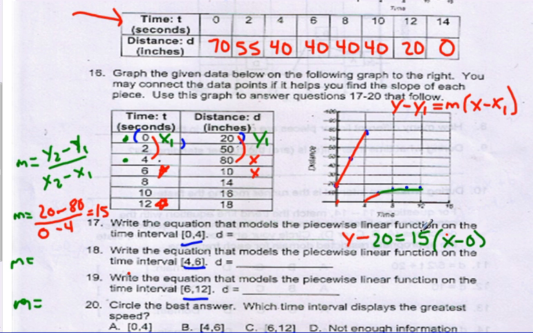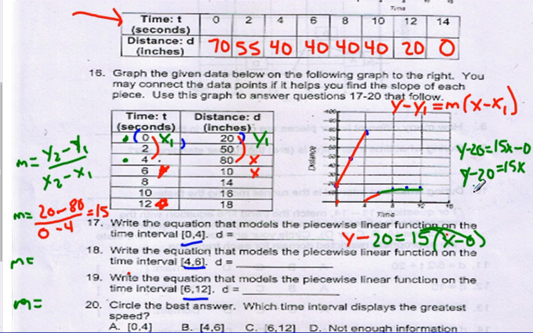And then what you do is you distribute. So we get y minus 20, I'll write it up here, y minus 20 equals 15x minus 0. Well, 15x minus 0 is just 15x. You might want to get a piece of notebook paper to do the other ones. And then you have to get the y by itself, because we want it to look like y equals mx plus b.